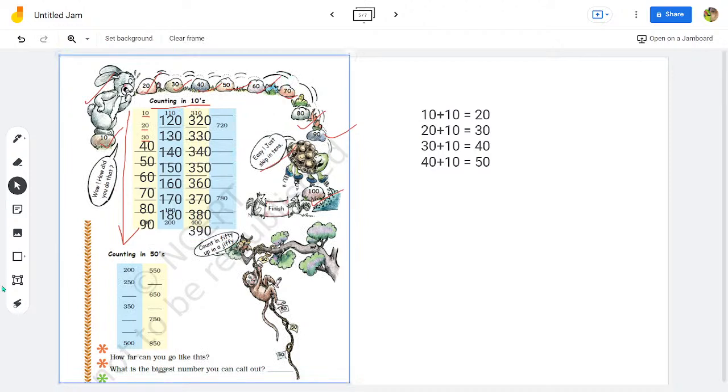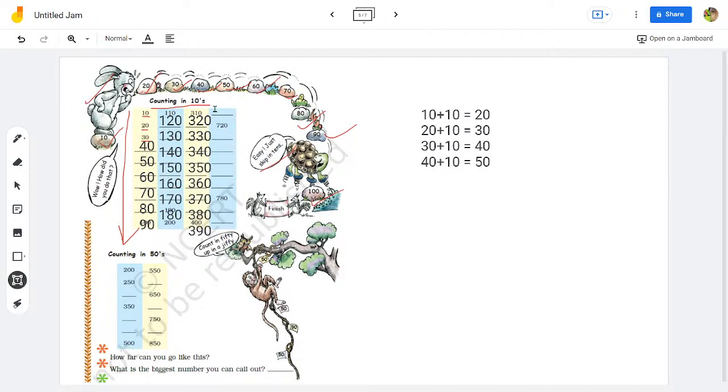Now over here, the last one, we have the first number missing. So we have to think of that number and then move on. Can you see the second number is 720, which means it was increased by a 10 and then we have got to 720.